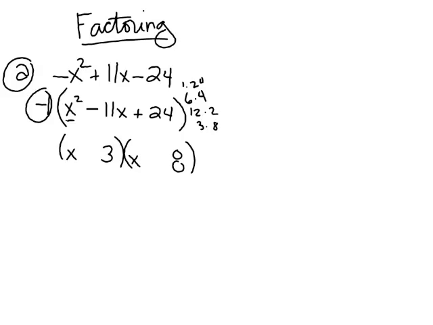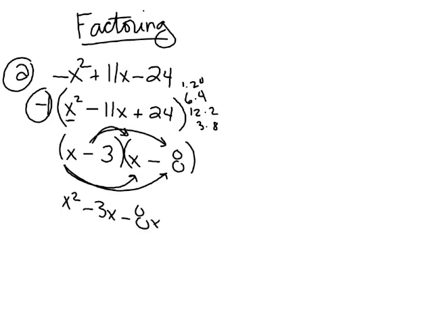Now somehow I need to make my outer and my inner make negative 11x. Both of them negatives. So x times x equals x squared. There's first. And x times negative 3 is negative 3x, x times negative 8 is negative 8x, and negative 3 times negative 8 is positive 24.